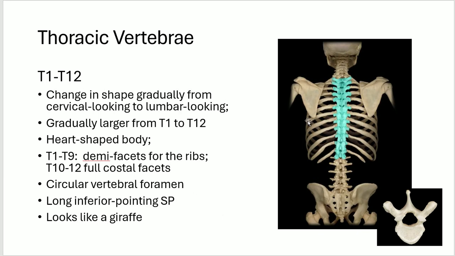So if you look over here, you can see how they're between the 2, right? But as we move down lower, T10 through T12, we have a full costal facet. So the rib is fully attaching to the vertebra. So you can see how it changes from between to fully attaching to.